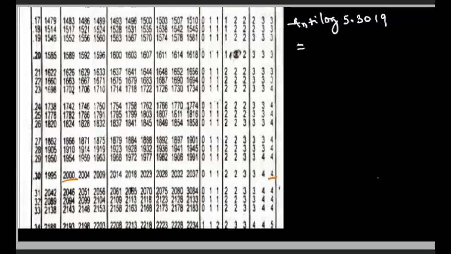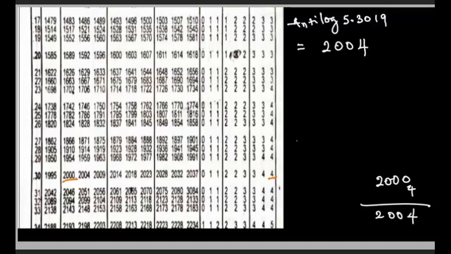As you can see here, 2000 plus 4 gives us 2004. Now, we're not done yet. Look at the whole number there. In logarithm we do a minus 1, but for antilog we do the reverse, that is we add 1.